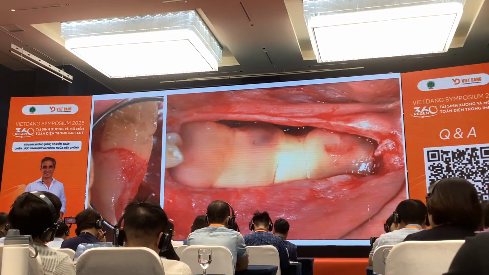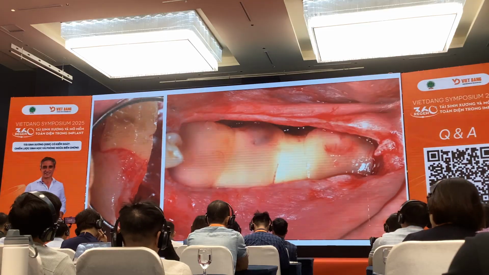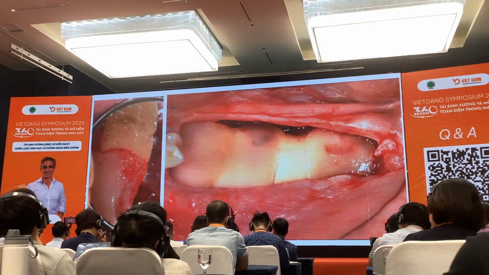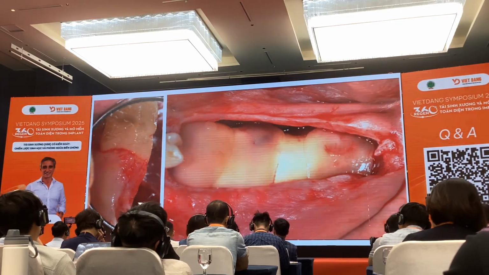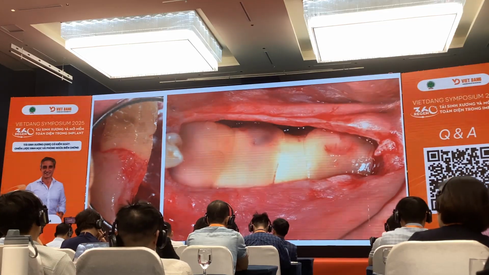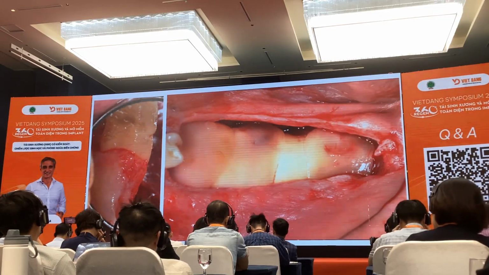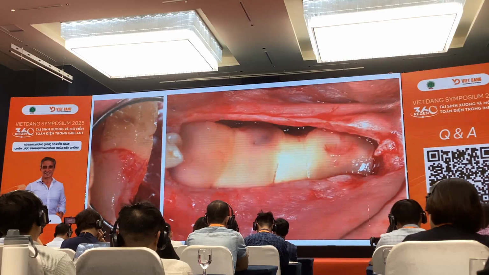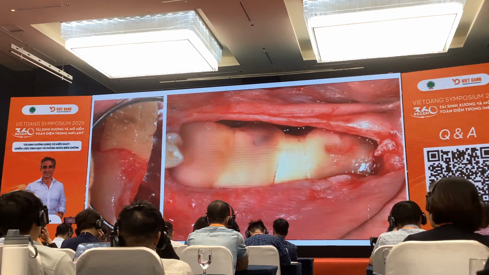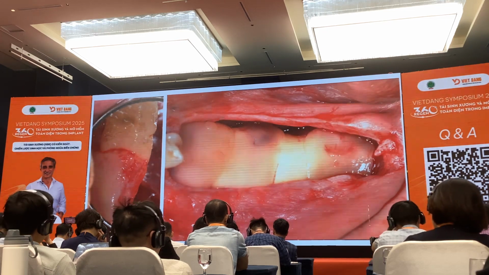If I had a high surgical predictability, probably I couldn't have complication. But it means that it isn't needed to have the bone peak in order to regenerate the bone.